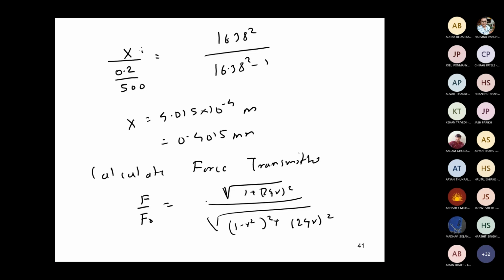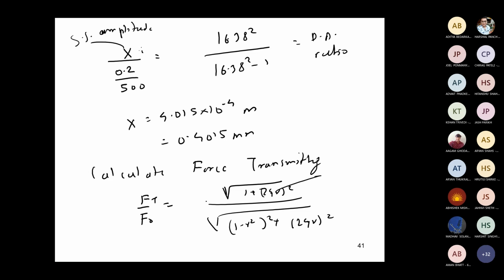The earlier equation is for the dimensionless amplitude ratio, and that is the steady state amplitude, which should not be confounded with the other terms. And this is the equation for force transmissibility, Ft by F0.